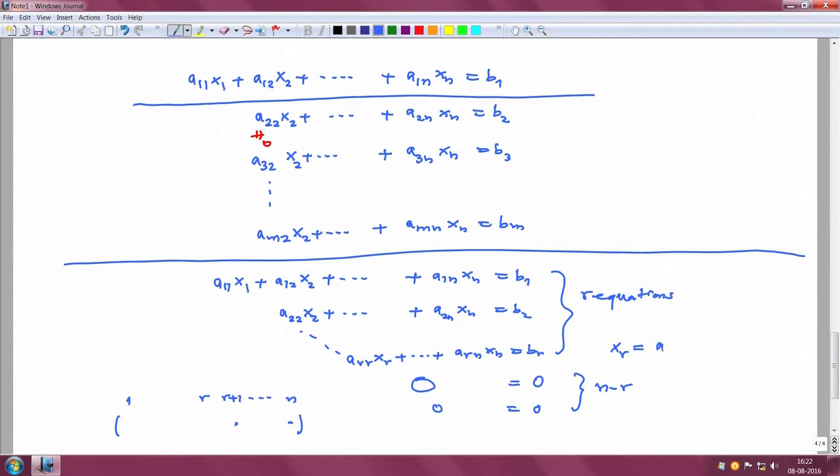Because this arr is non-zero, xr is arr inverse times, minus, because I shifted to the other side, the terms a r r plus 1 x r plus 1 and so on, go until arn xn, plus br. No, this is correct.